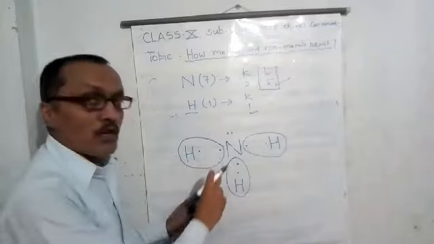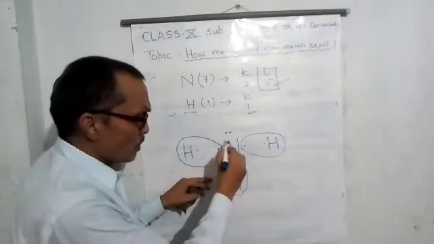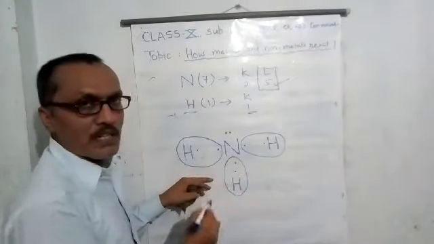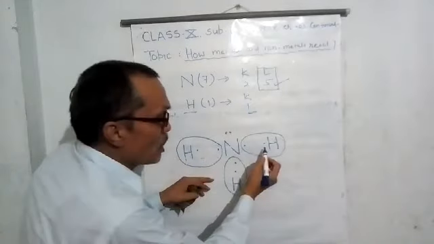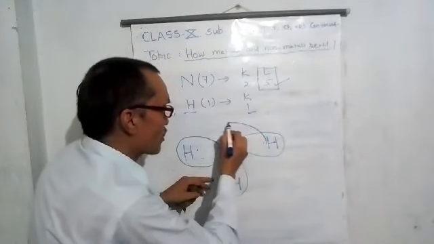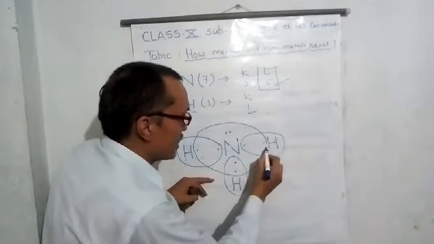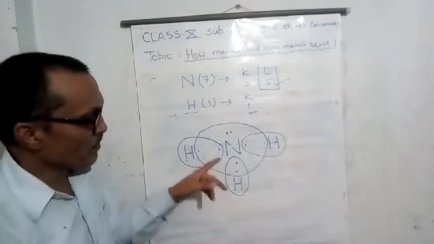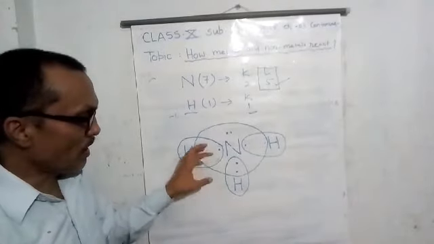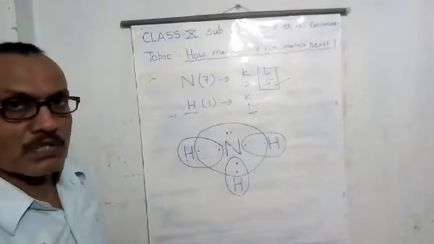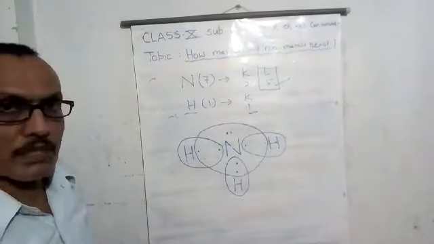Now is the turn of nitrogen. Nitrogen only has 5 electrons and it requires 3 electrons. So one electron from each hydrogen is shared with nitrogen, and in this way nitrogen also acquires 8 electrons in its outermost orbit.